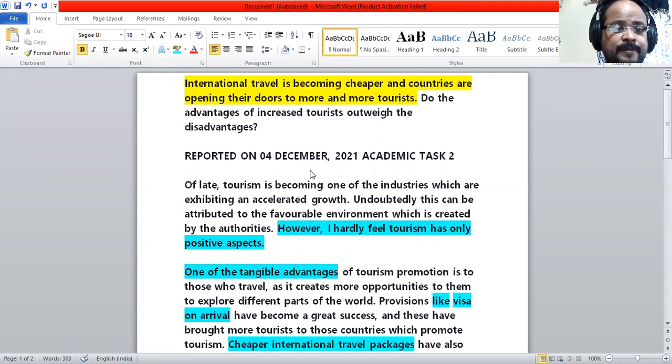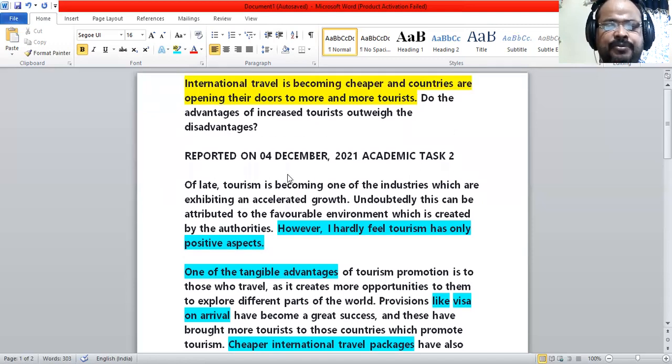And this was the question: international travel is becoming cheaper and cheaper, and countries are opening their doors to more and more tourists. Do the advantages of increased tourism outweigh the disadvantages? This is the question we are going to see.